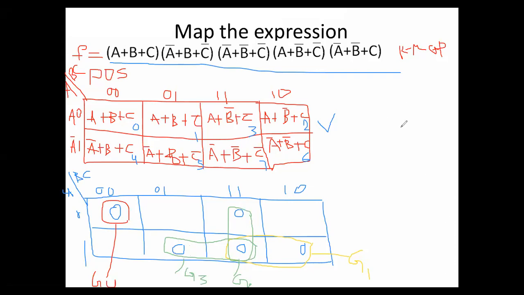Okay. Now the simplified expression F is equal to C1, C2 dot, C3, C4.